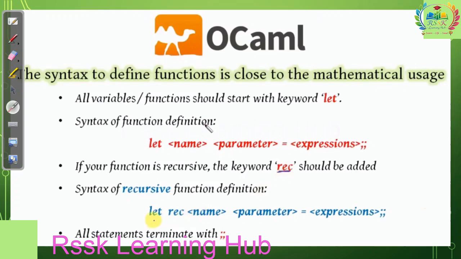Start with let, then the name, which is the function name you are going to use. Then the parameters you are going to use, which should be assigned to an expression, with a semicolon.